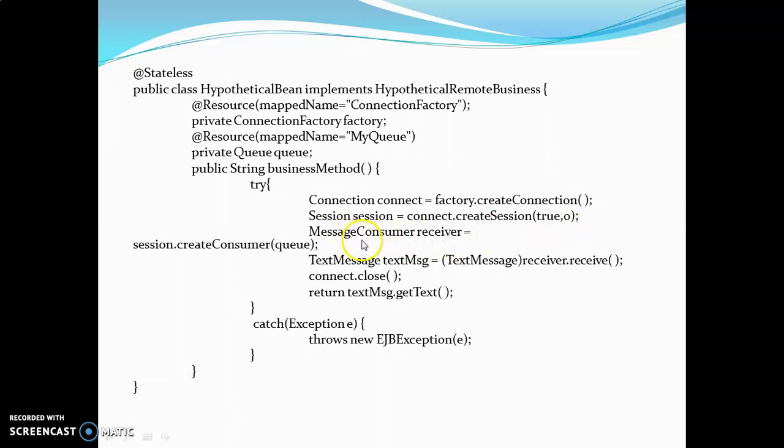The message consumer will be making use of the receiving function, wherein we are using the queue for the particular consumer to receive the messages in the form of a queue. And we are making use of the text message, and this text message has a method called receive, which enables us to receive the messages for the clients. After the message is received, we are closing the connection.